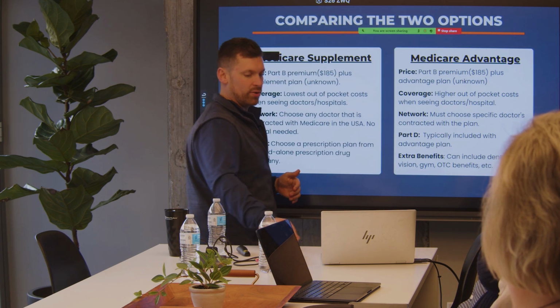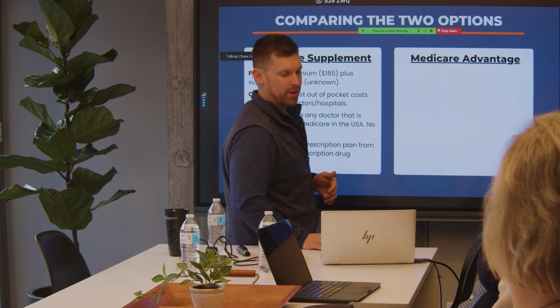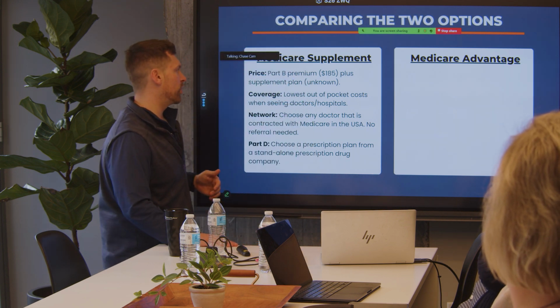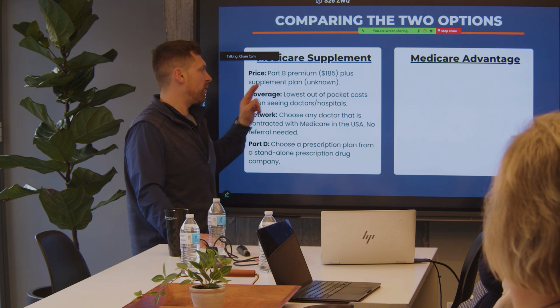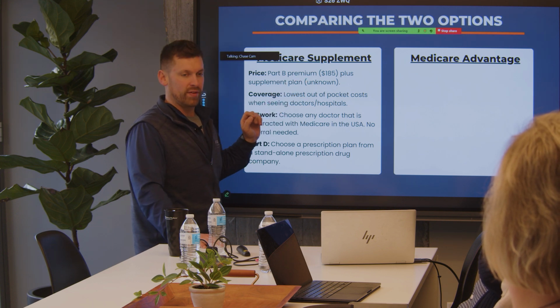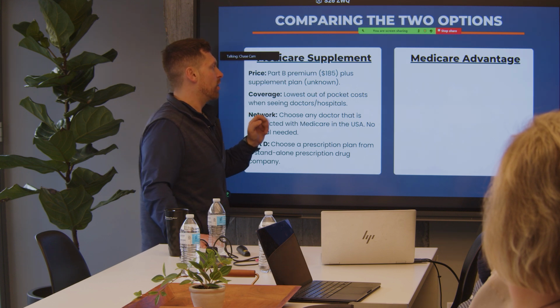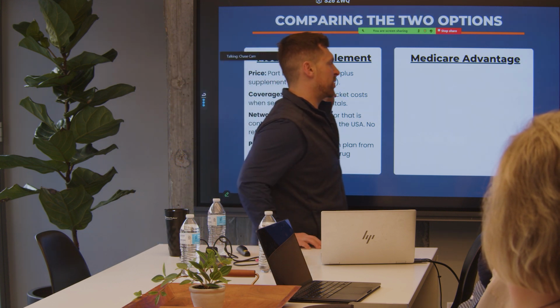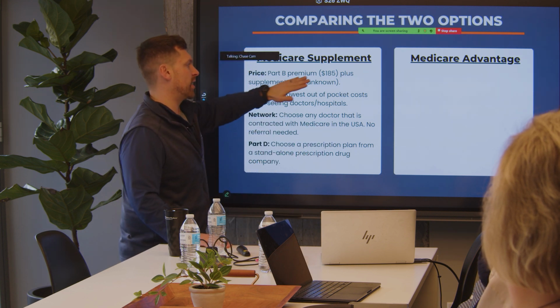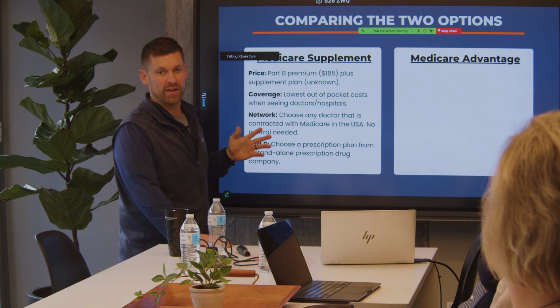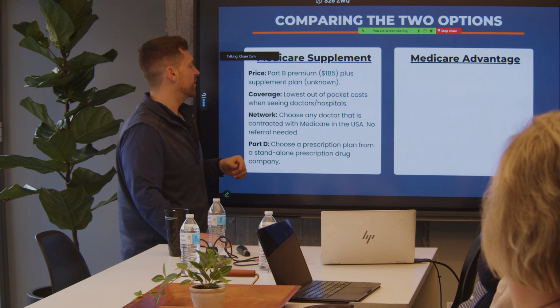So as we compare the two here, let's start with Medicare Supplement. And I really want to go through a little more detail on the Medicare Supplement here. Now, Part B premium, no matter what, and this is a spoiler alert, we're going to pay $185 whether we go with a supplement or an Advantage plan. So on both sides of your paper, I want you to write $185. We cannot get away from that little bugger. It drives everybody nuts on our team when I say that in the webinar, little bugger.